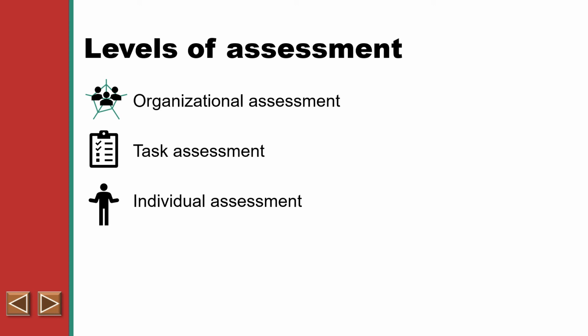It's where you are systematically identifying everything that's needed for a job, the skills, knowledge, tools, conditions, requirements. And lastly, the individual assessment is looking at the learner and the learner needs. So this is pinpointing what are the key activities that an individual needs to do and how do they do it to perform well.